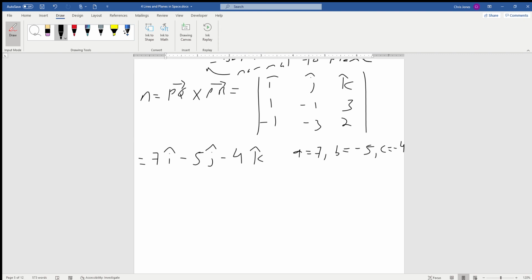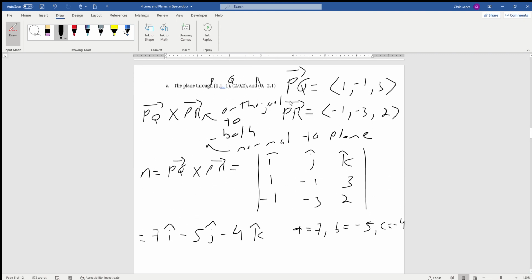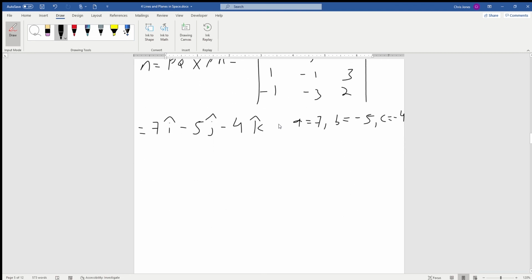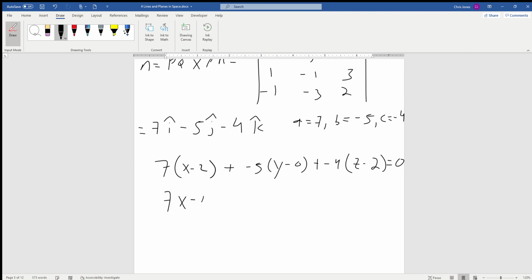And now we can formulate the equation of our plane. We could use any of the points, and we should still be able to get to the same answer. I'm just going to use Q because it has a 0 and no negative numbers. So Q is (2, 0, 2). So our plane is going to be 7(x minus 2) plus negative 5(y minus 0) plus negative 4(z minus 2) equals 0. 7x minus 14 minus 5y minus 4z plus 8 is equal to 0.